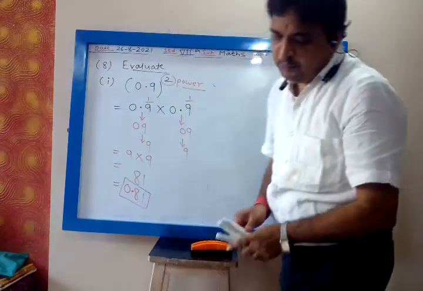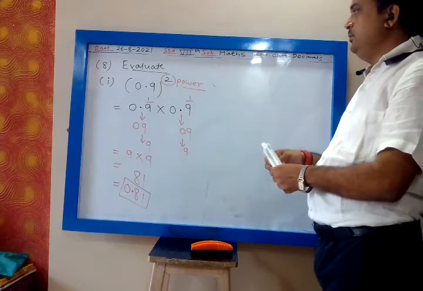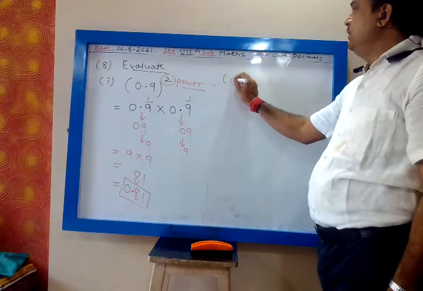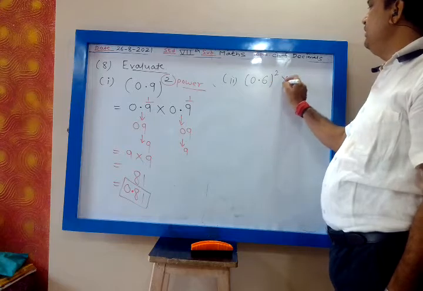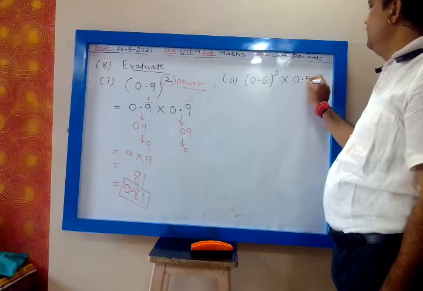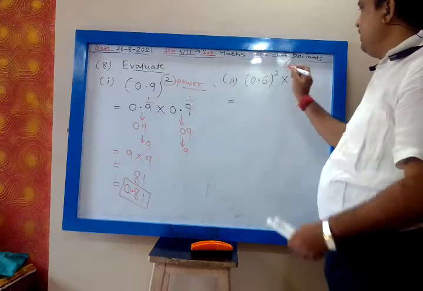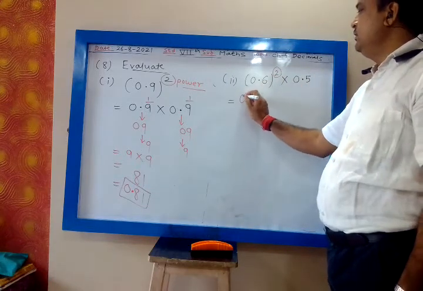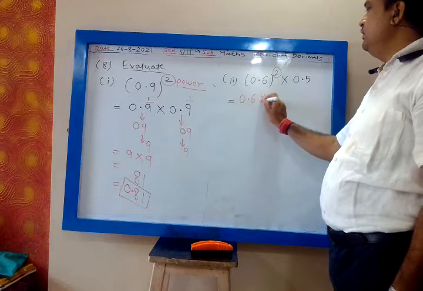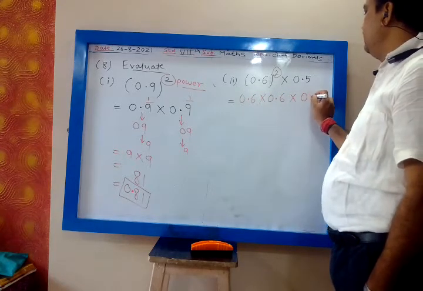So next is 0.6 square, that is 0.6 to the power 2 multiplied with 0.5. So 0.6, the power is 2, my dear. So you will multiply 0.6 2 times: 0.6 into 0.6 into 0.5.